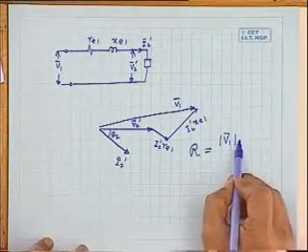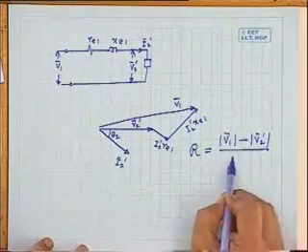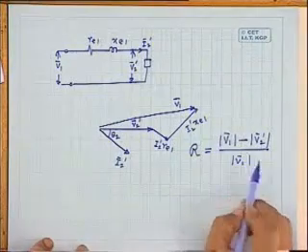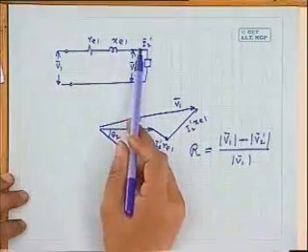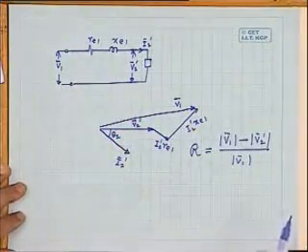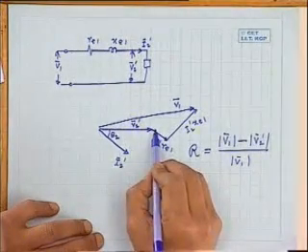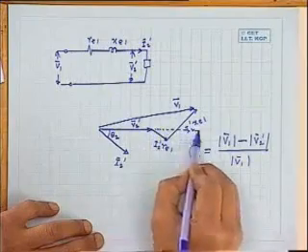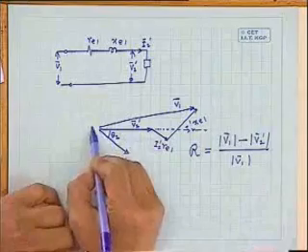So the regulation in this case will be defined as only the magnitude, V1 minus V2 dashed, divided by V1, because V1 will be the voltage when no load is connected. Today only I will do this one.